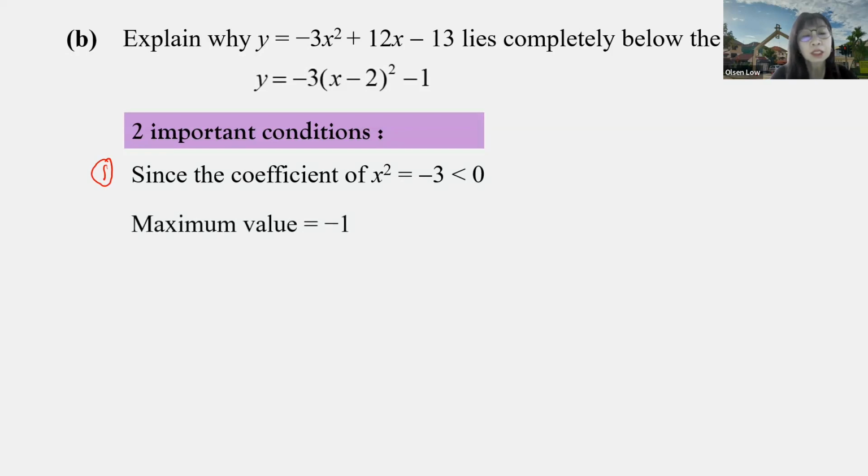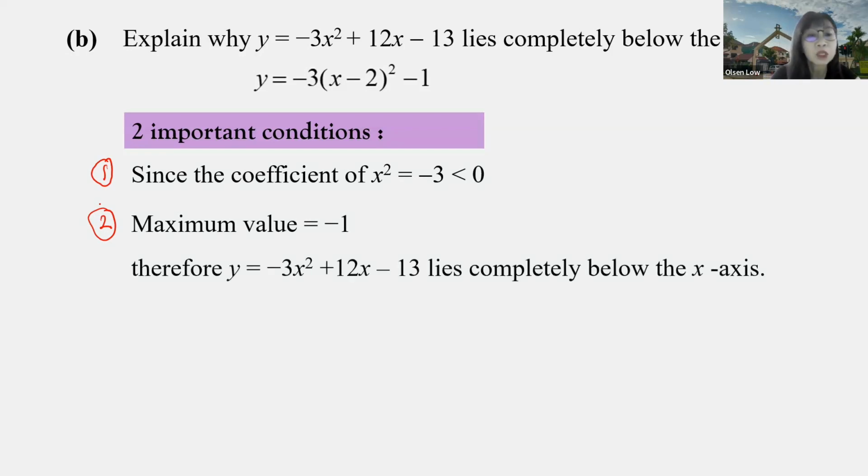This is your first condition. The next condition that you must state is that the maximum value of the function is equal to -1. With these two, you can conclude. Here we are using the link, and your link is basically to restate the entire question that is given. That is all you need to do.